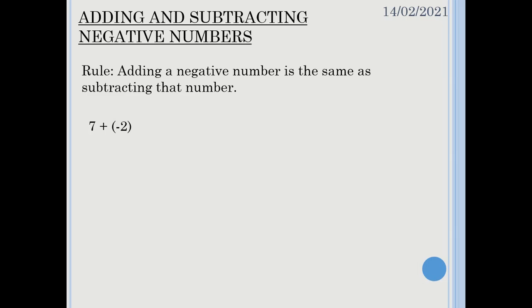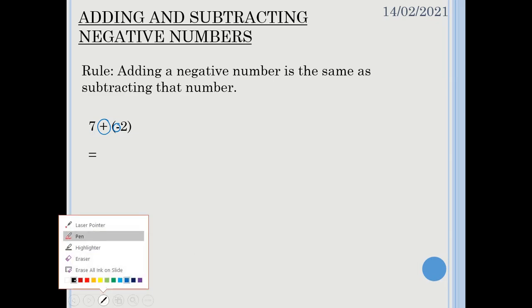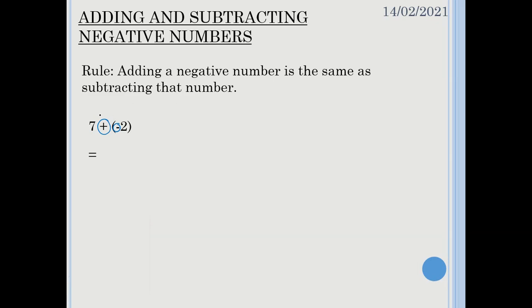A good way to remember it is, if you've got a plus sign and then a subtract sign, if they come up against each other, then what we always say, you've probably heard me say this 100 times, we know that the negative always wins.